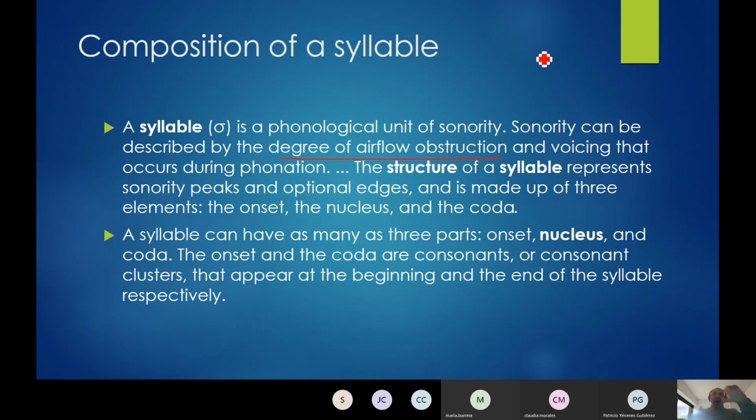Ah, just like that. Now, of course, there are differences among vowel sounds, right? Because when we say ah and when we say e, the shape of the mouth is different. The jaws are more separated when we say ah than when we say e. So, in terms of degree of sonority, ah is more sonorous, it's louder, than e.